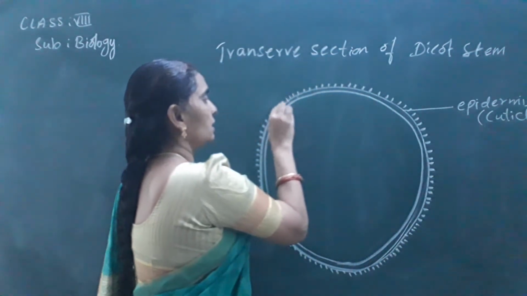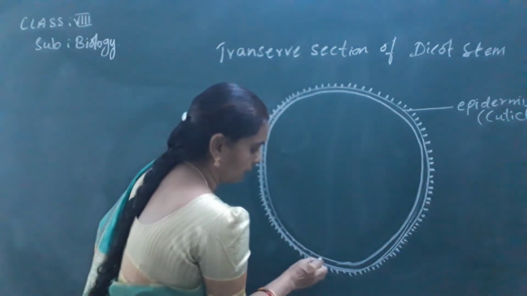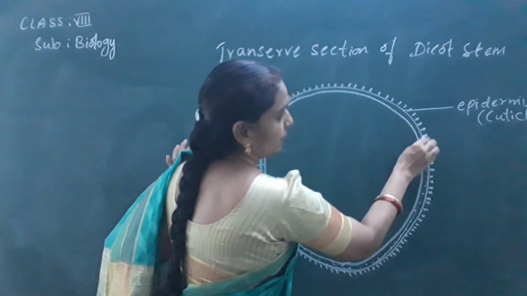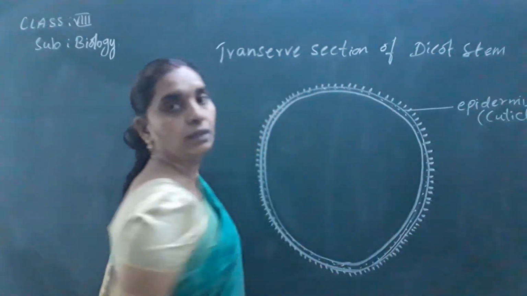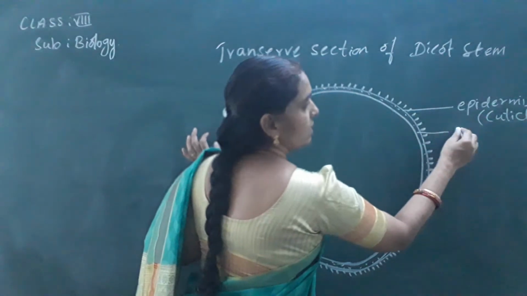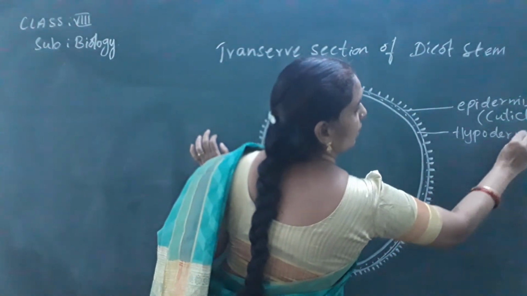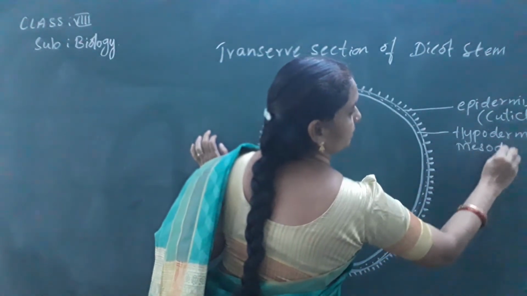It contains a granular structure in it. It is called chlorenchyma. It's filled with the chlorenchyma region. It produces food for the cell. Is it clear? The photosynthesis part takes place in this region. So this is hypodermis, or it is also called mesodermis.